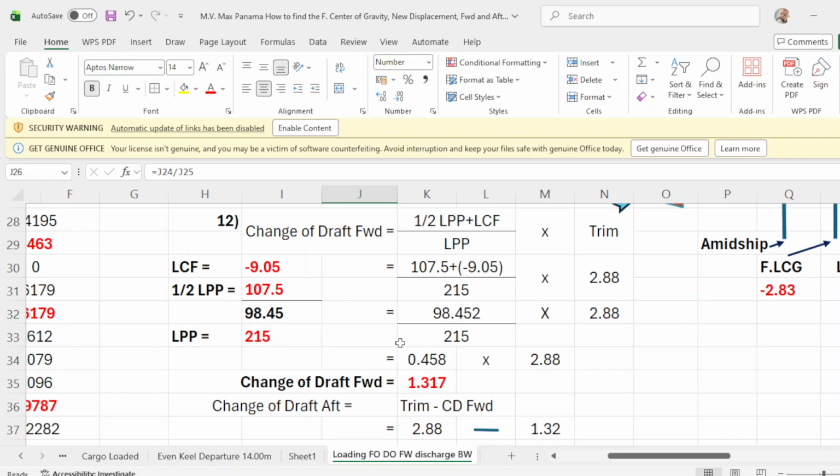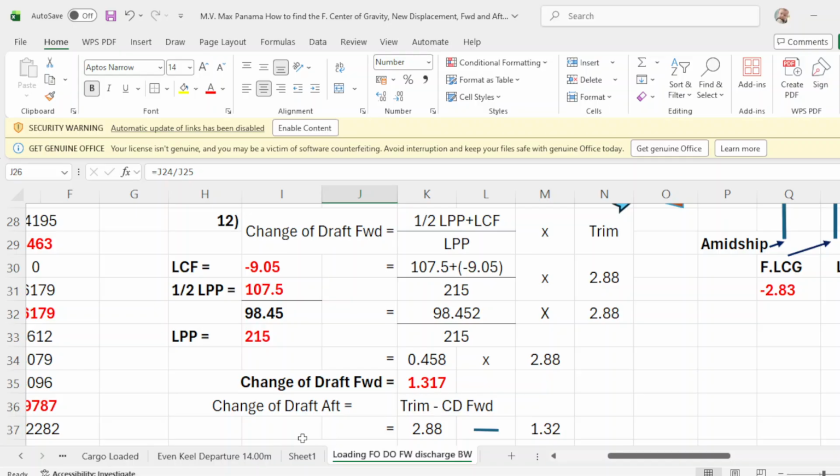Add this one, that will be 98.452, which is this one. Okay, and over LPP, divide this one, that will be 0.458 times your trim, and your change of drop forward will be 1.317.